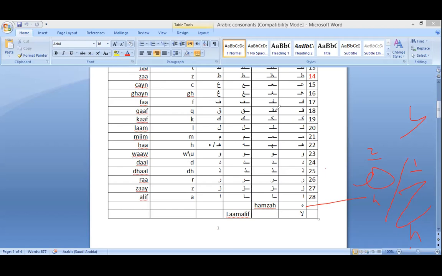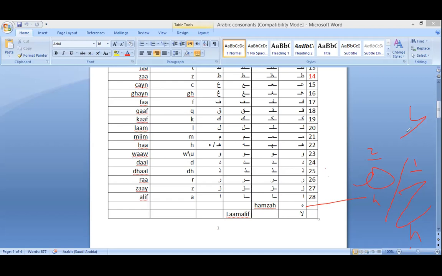Probably that is why we are emphasizing getting the differentiation between the two. This is ha, and this is ha. So when I'm saying Hamza, actually I'm pronouncing this one. There's a name called Hamza that begins with this. That is Hamza. It is different from Hamza.